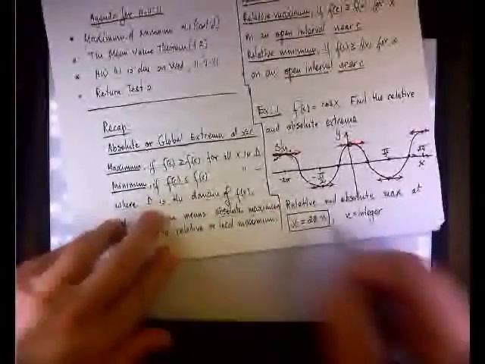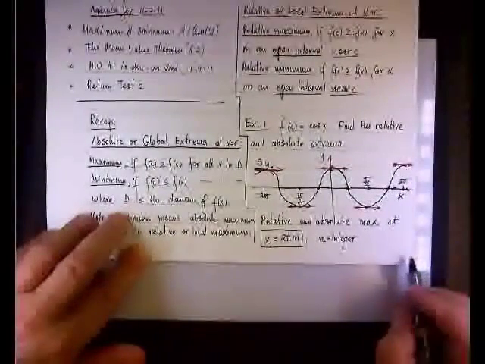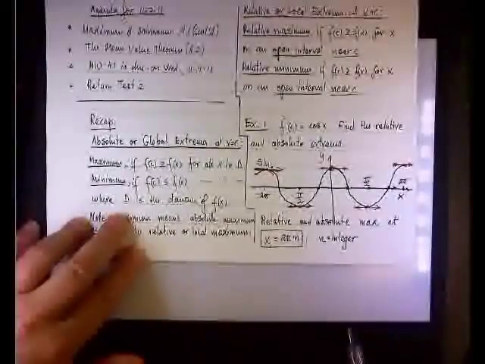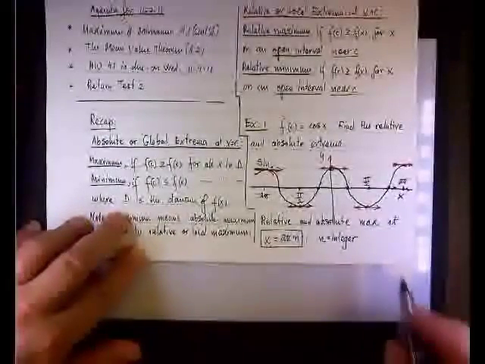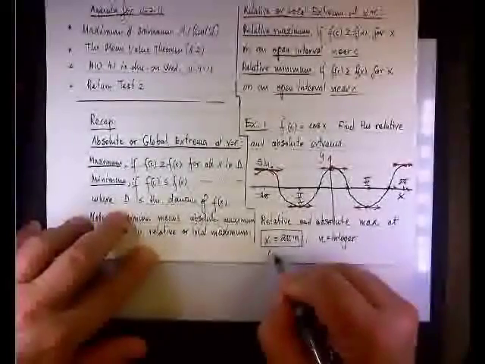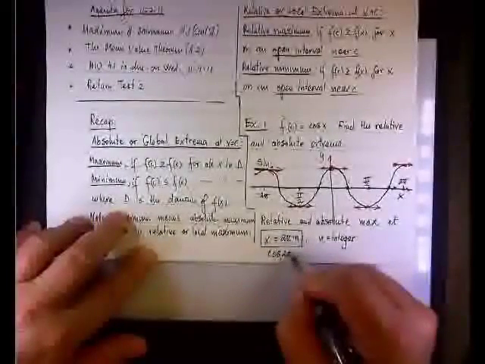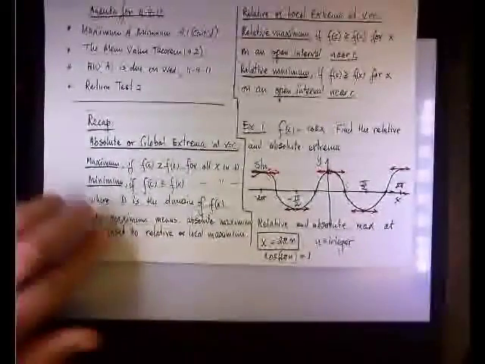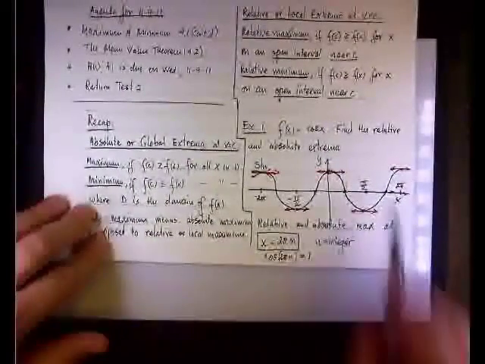So this will be the answer as far as where we can find the relative and the absolute maximum. And the value, of course, cosine of 2 pi n is always 1. So those are the values.